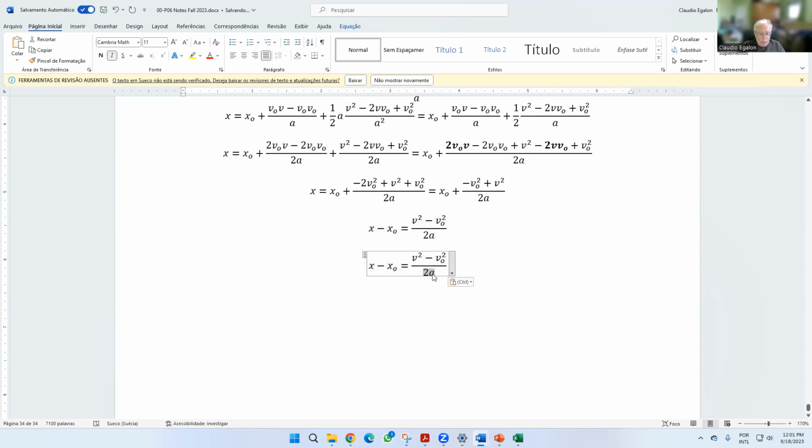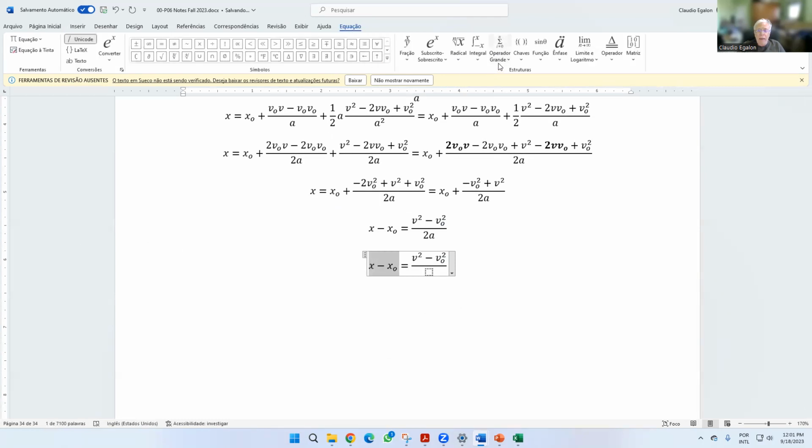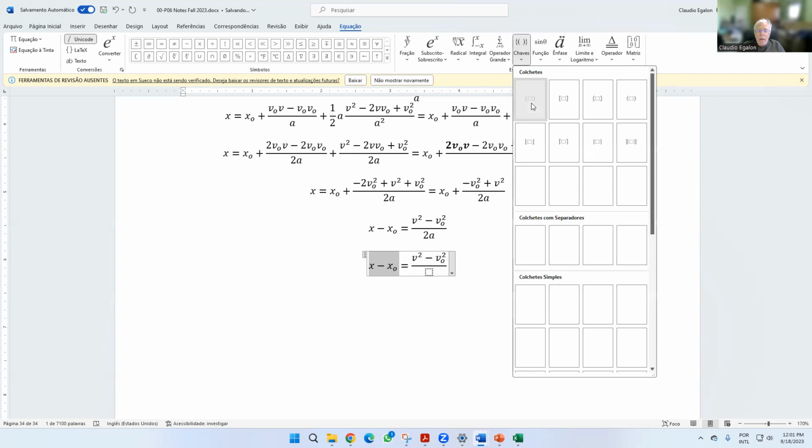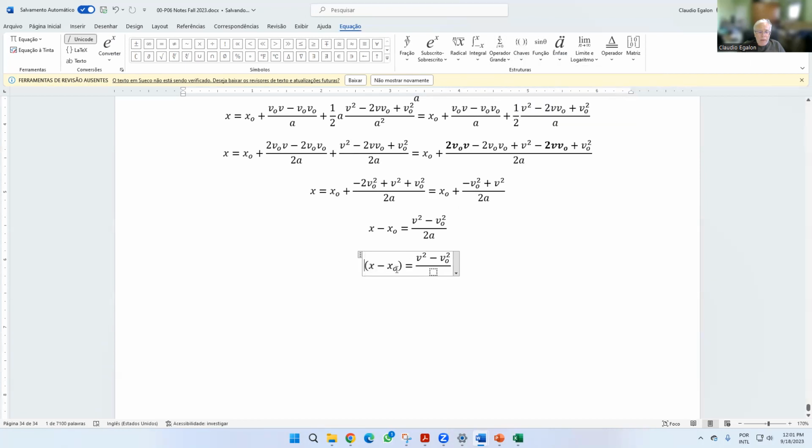By the way, I'm going to put the 2a on the other side right in here. Okay, 2a. And we finally have the Torricelli equation.